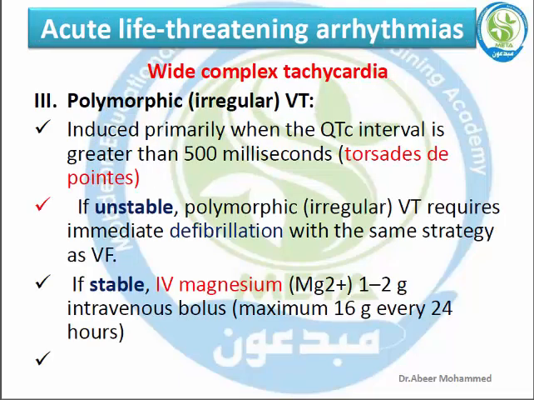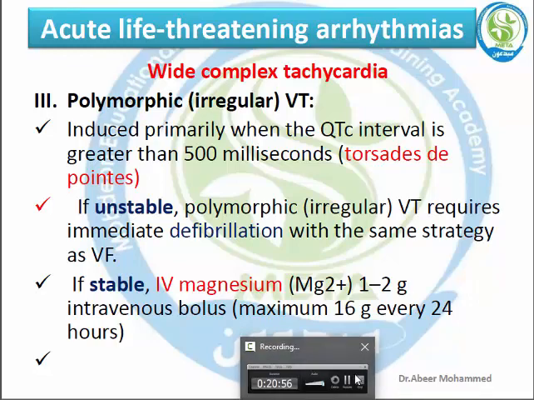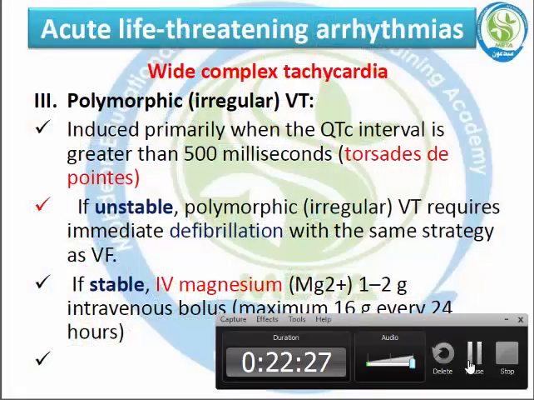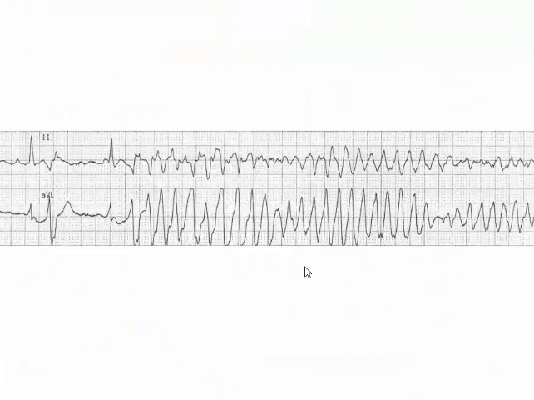In case of polymorphic, which is torsade de pointes, this is an example of ECG for torsade de pointes, which is an abnormal increase in ventricular repolarization and increases the risk of torsade de pointes.